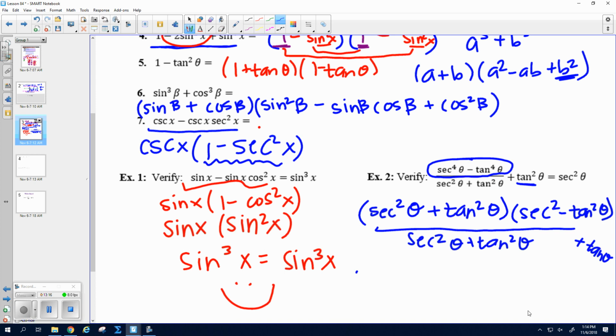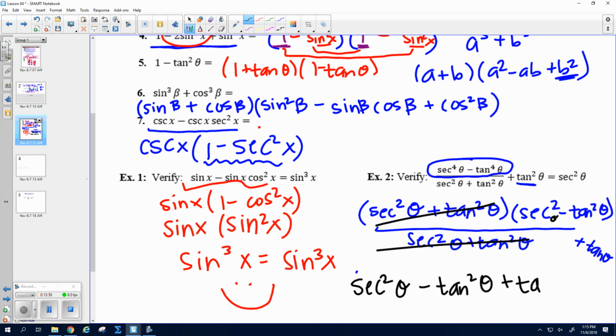All right, so we did that. So Stella, what cancels now that I factored that? Yeah, isn't that nice? That cancels. So what do I have left? Well, I have secant squared theta minus tangent squared theta, and then I still have the plus tangent squared theta.